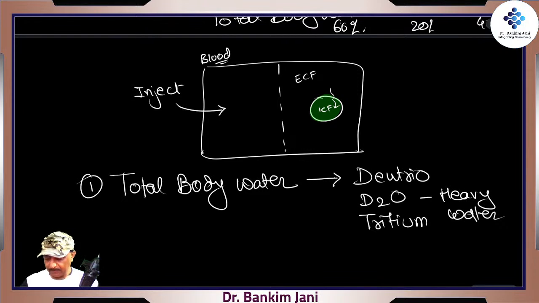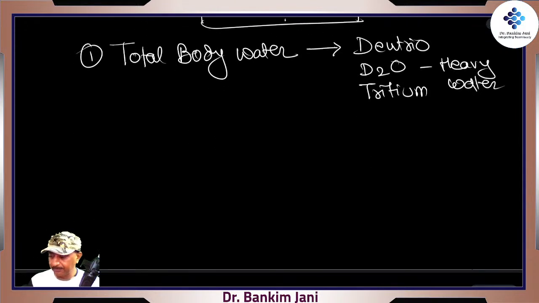Fine. The next one. If you want to measure only extracellular fluid, what you have to do? You have to inject such a substance which should not be able to pass through the cell membrane.